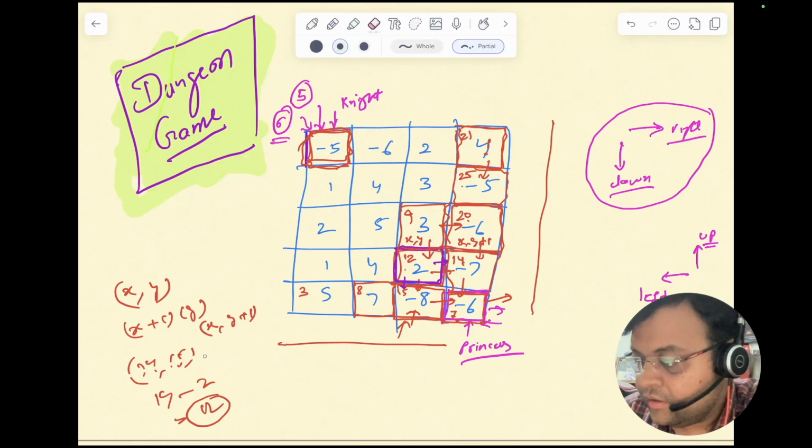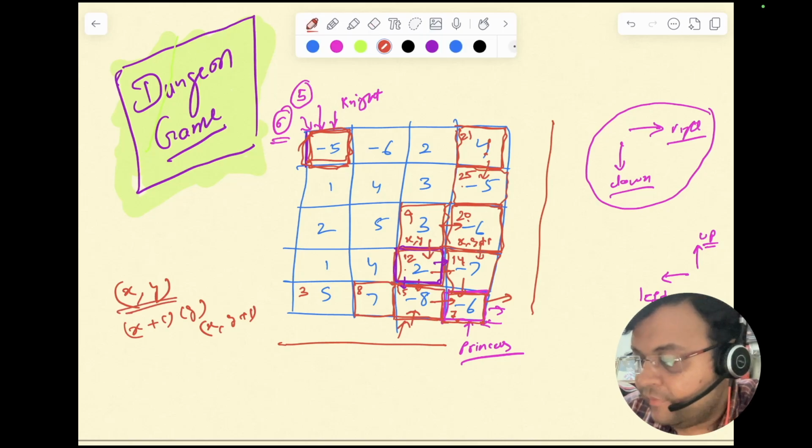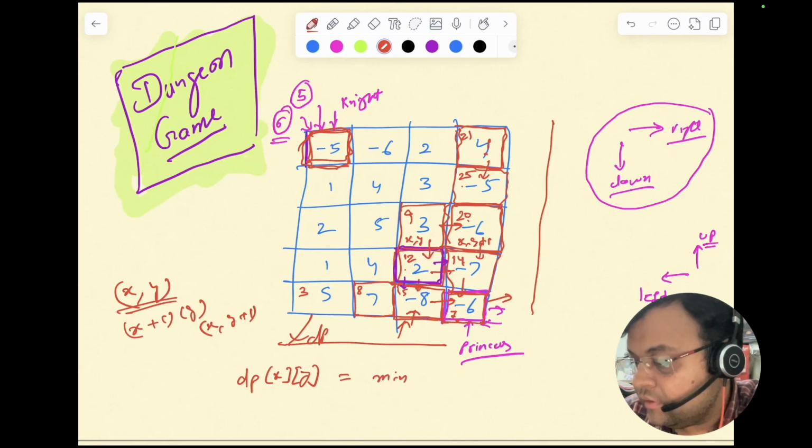These two boxes we need to check for calculating the value of this. For example, we call this array dp. So dp of xy: to fulfill dp xy, we need to check the minimum of dp of x plus 1 y and dp of x y plus 1.